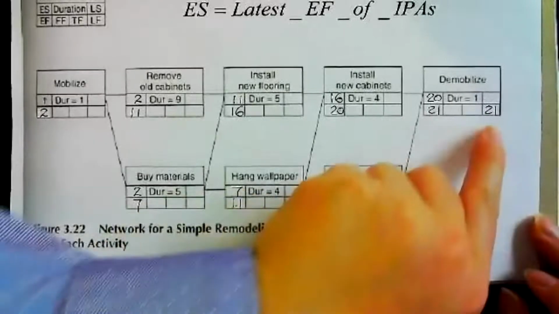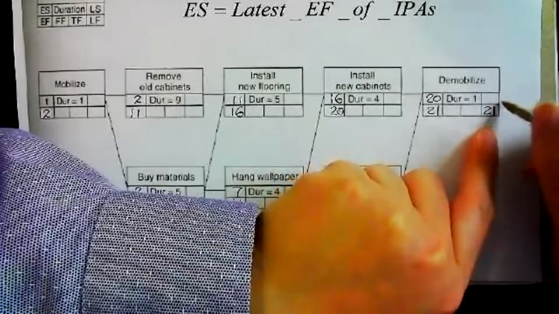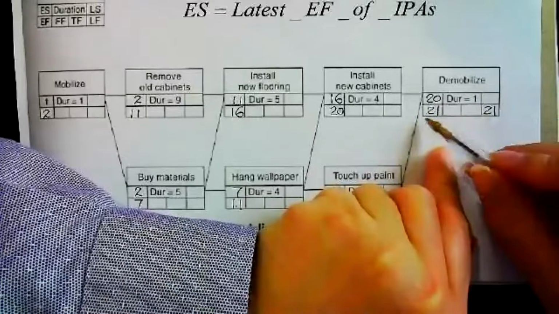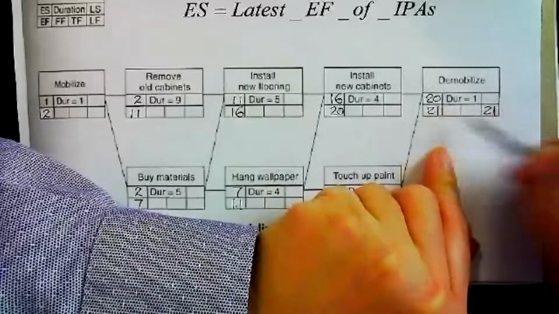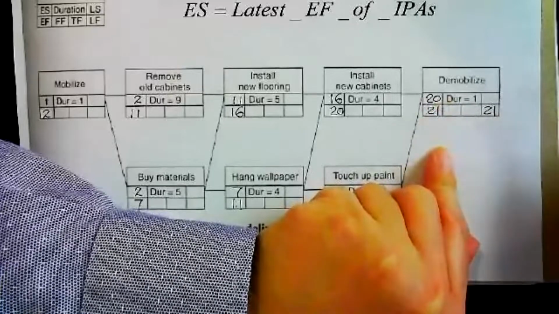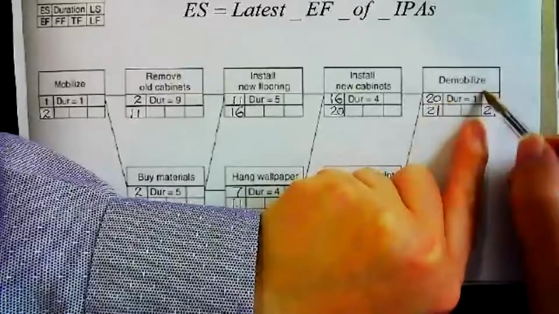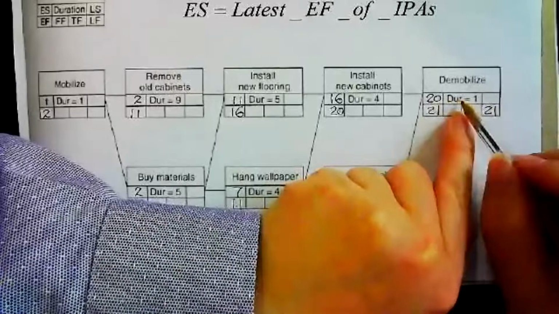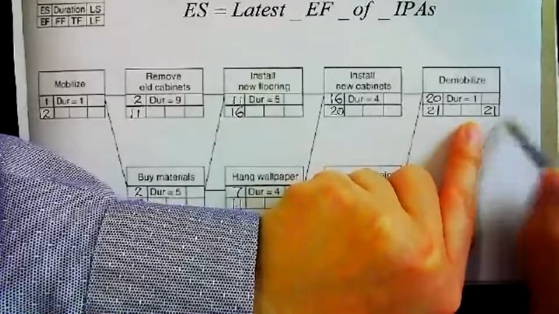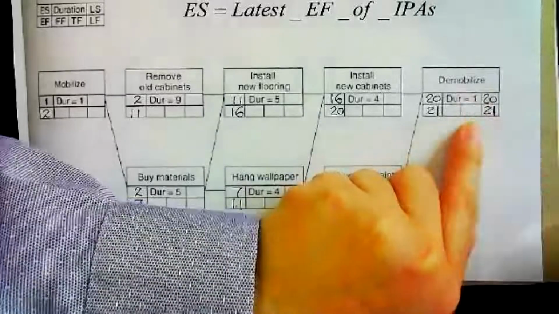So my finishing date is early morning of day 21. That's very commonly used. I want the target completion date to be this, same as what I analyzed over here. Then, to find this activity's late start, I have the late finish, so I calculate the late start: that minus 1 equals 20.